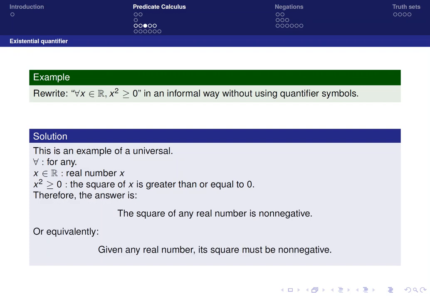One possible answer is to say the square of any real number is non-negative. Or equivalently, I can say, given any real number, and you can see the words "for all" implied in there. I'm not writing any words "for all," but I'm saying for any real number, its square must be non-negative. So there's more than one way to translate from symbols to words.